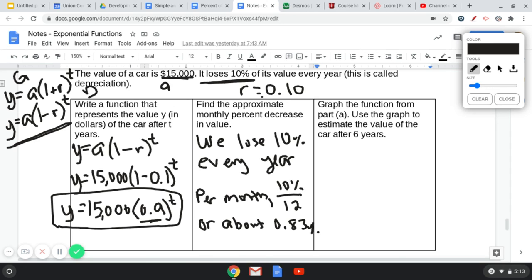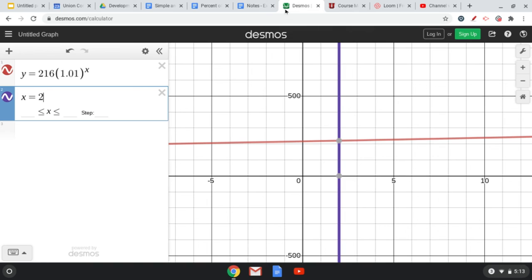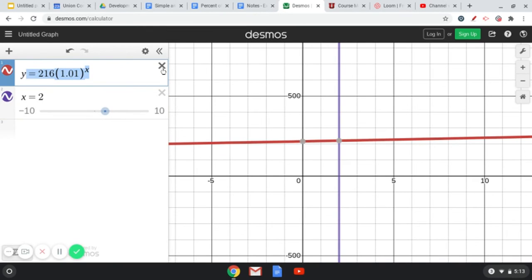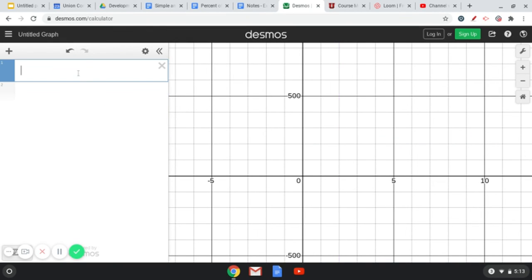All right, in this last box, we're going to graph this function, and then we're going to use that graph to estimate the value of the car after 6 years. So I'm going to go over to Desmos. I'm going to get rid of these old functions. I'm going to write 15,000 times 0.9 to the t power. Okay, I'll add x this time.